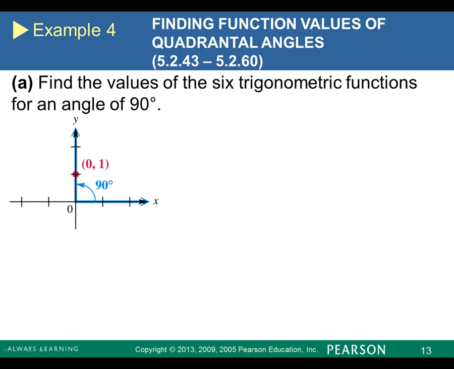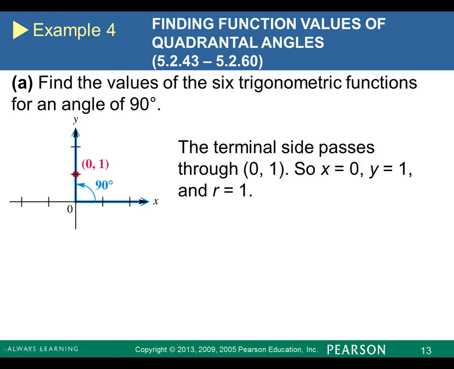Cosine is 0, and what is sine? 1, very good. And so tangent at 90 degrees, we said, think of it in terms of sine over cosine. 1 over 0, right? Which would be undefined, right?